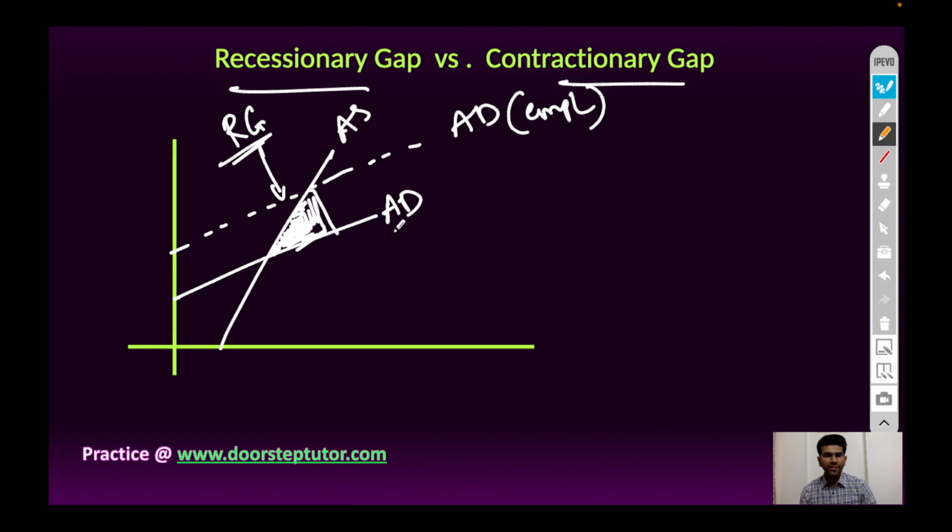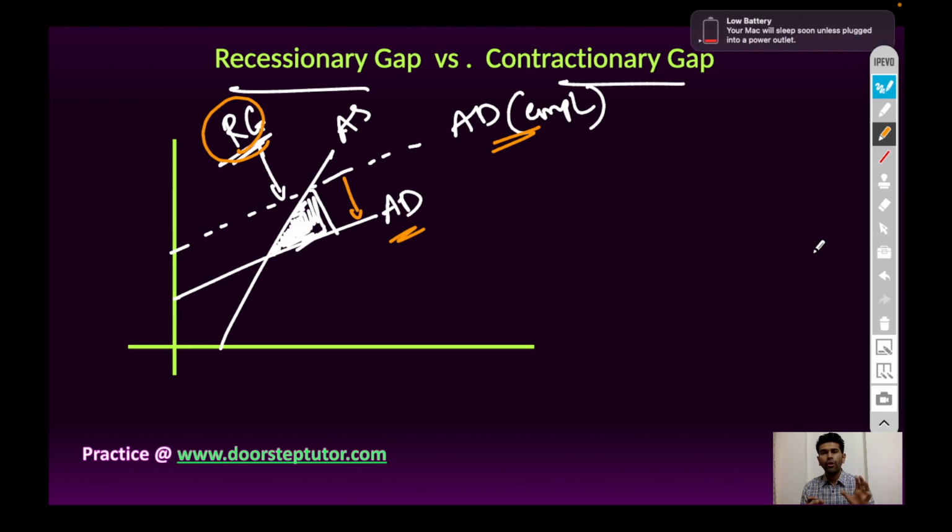So if present aggregate demand is less than aggregate demand at full employment, there will be a recessionary gap. And if aggregate demand is higher than aggregate demand at full employment, there will be a contractionary gap.